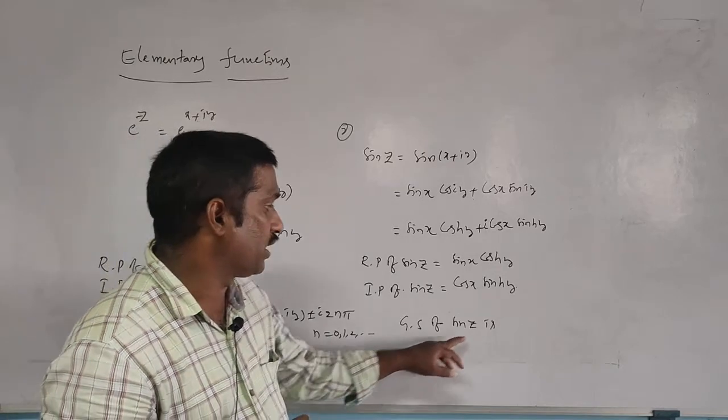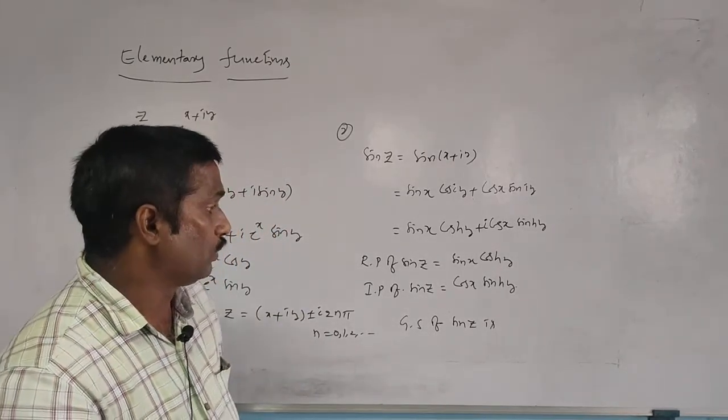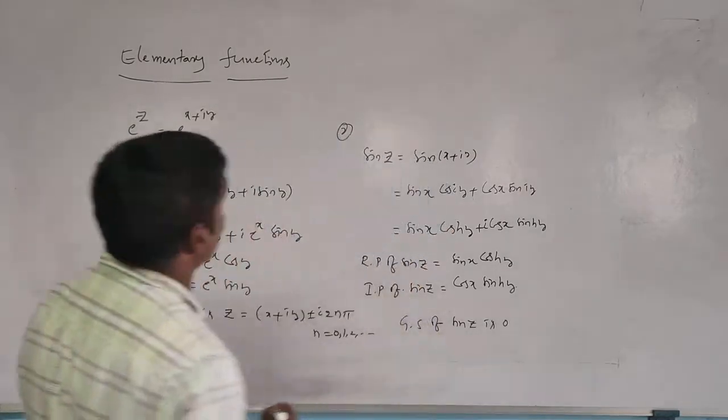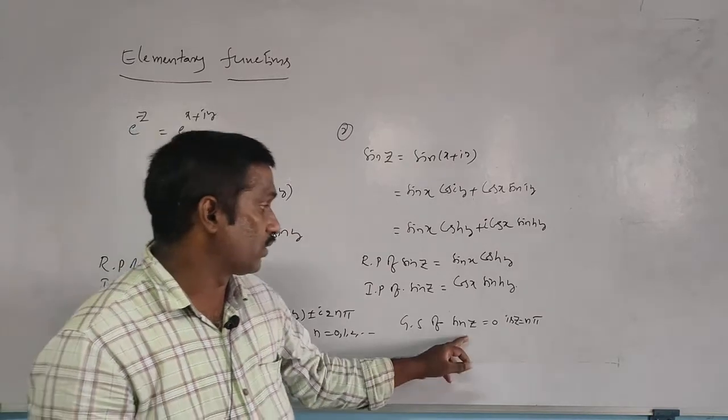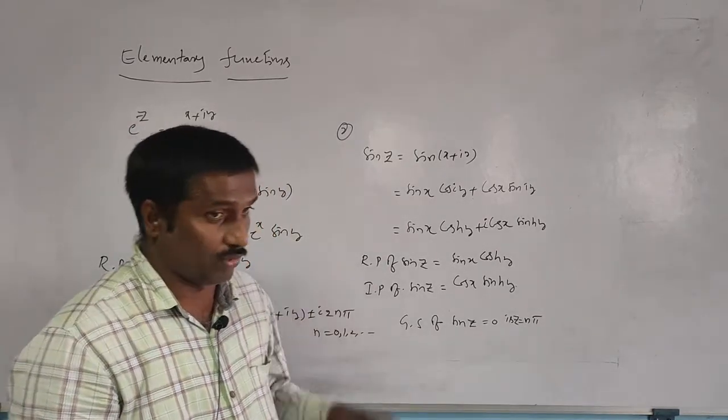So the general solution of sin z = 0 is z = nπ, where n = 0, ±1, ±2, and so on.